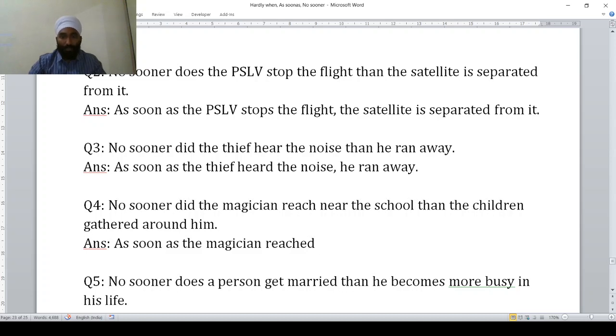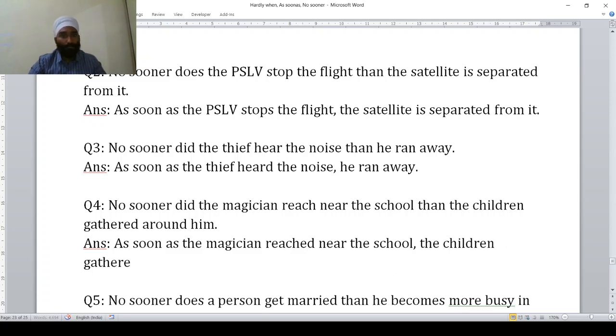Reached near the school. This phrase as it is. After that, instead of than, we have to use a comma. Thereafter, the remaining main clause will follow: the children gathered around him.